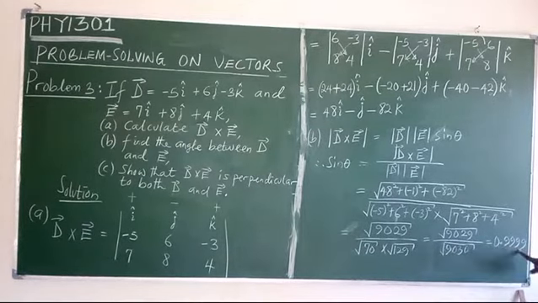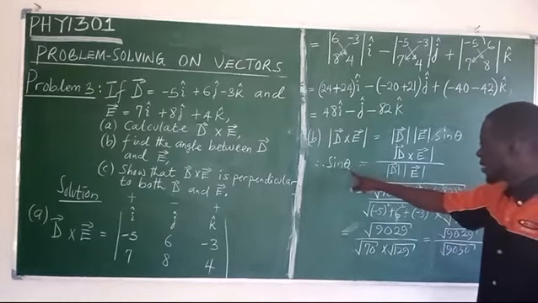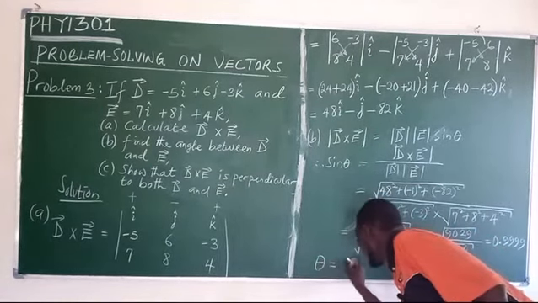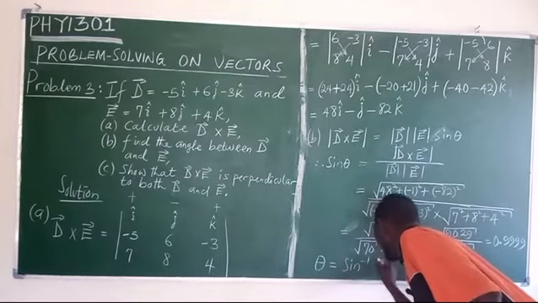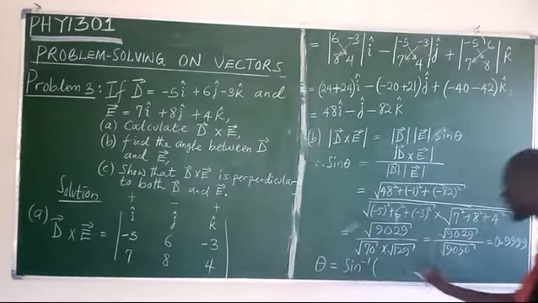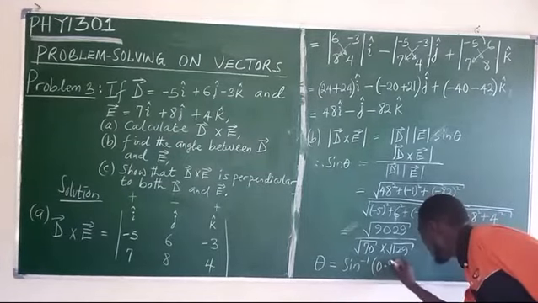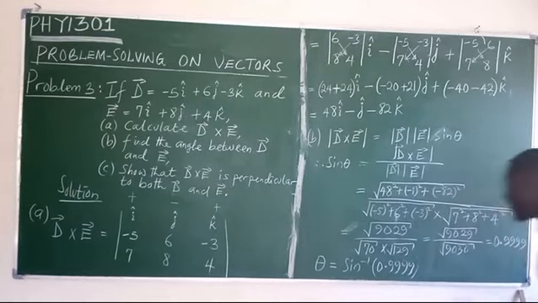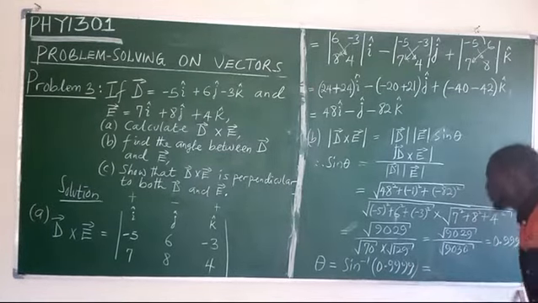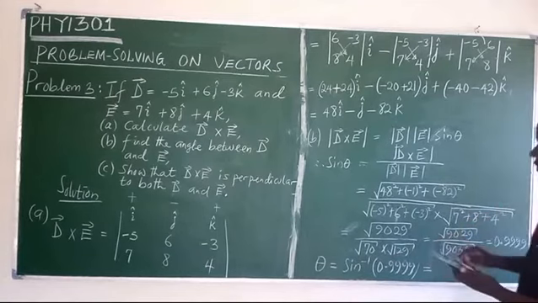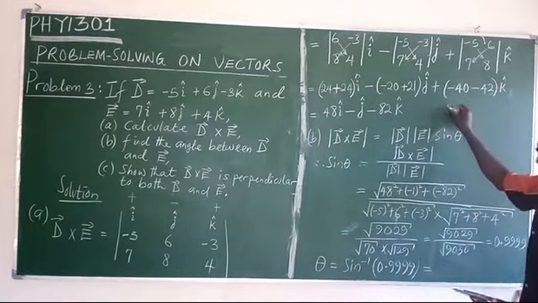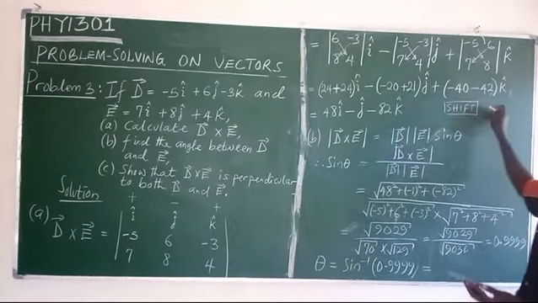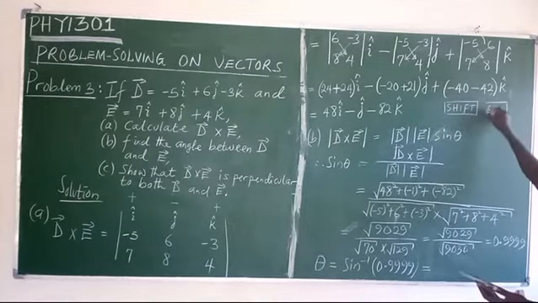Okay, once I get this one, I can now obtain my theta as theta equals sine inverse, then I open bracket and write all these 0.9999 that I have just obtained. So how do I press this one? To press this one, first of all, you must press this function shift. After shift, then you press this function sine.